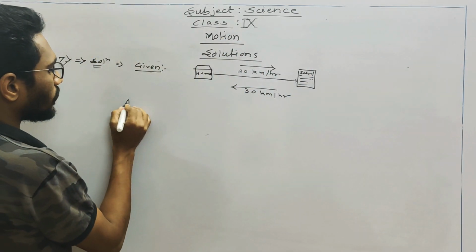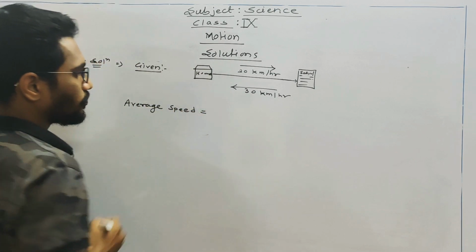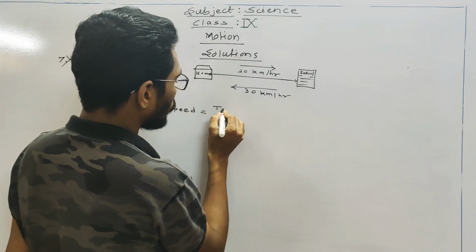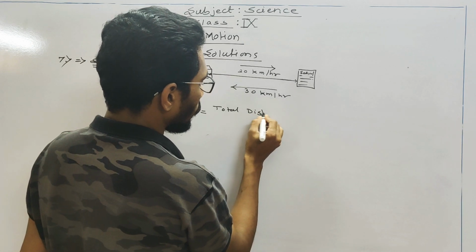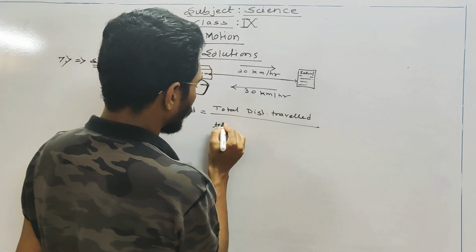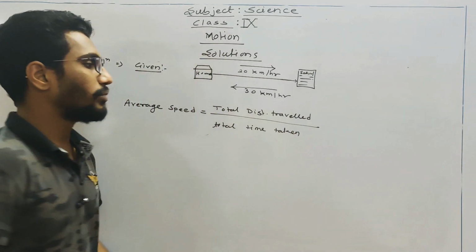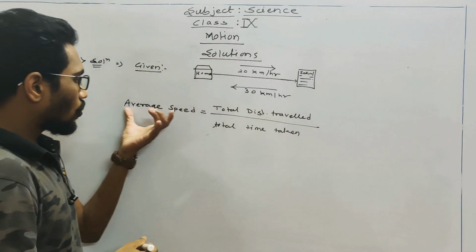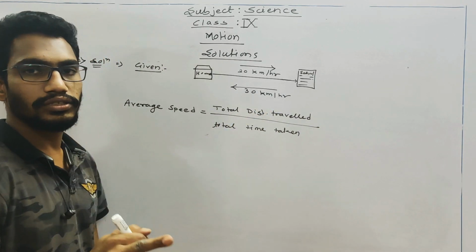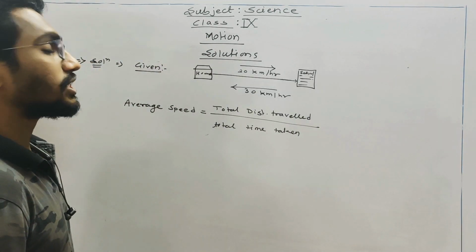What you have to calculate? Average speed. But you must know the formula for average speed. Average speed is equal to total distance traveled by total time taken. Now, average speed is equal to total distance traveled by total time taken, but if you're going through this particular numerical, you will not get any information that is required.